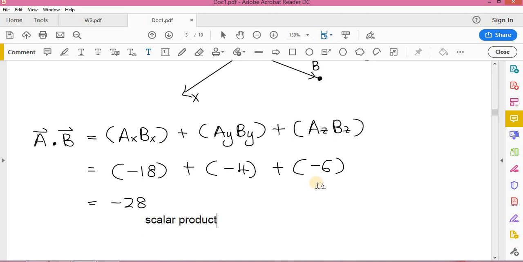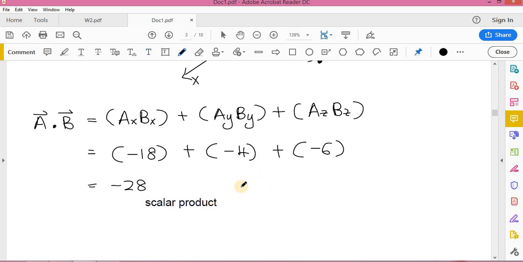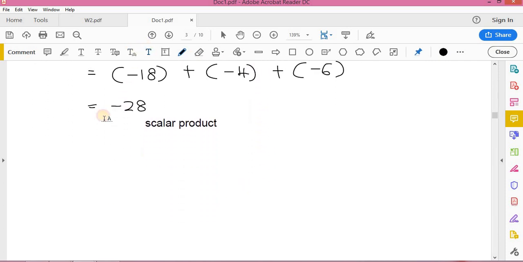Next, we move on to cross product. We have settled the dot product, so now it is cross product. What does it mean by cross product? It means that you put a cross in between two vector quantities. How should you solve it?